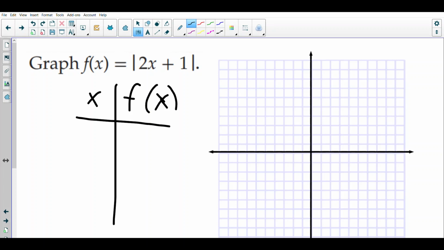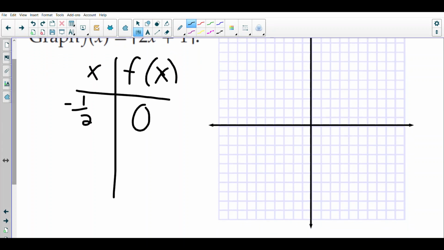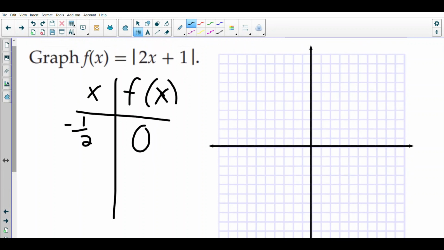If I set this equal to 0, I'm going to get negative 1/2. If I plug in negative 1/2, I get 0. So that's my first point, negative 1/2, 0, and that point's going to be right about there.